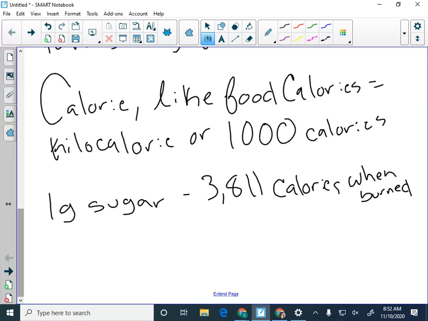And that's how we gauge how many calories are in food. If we took a gram of pure table sugar, lit it on fire, and let it burn out until it was just ash, it would release 3,811 calories when burned.